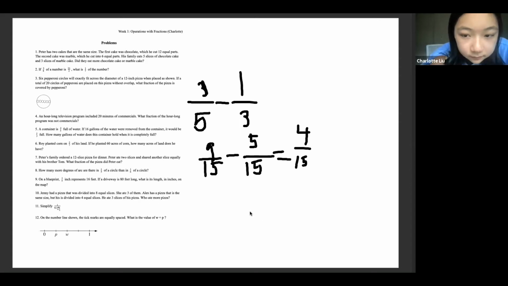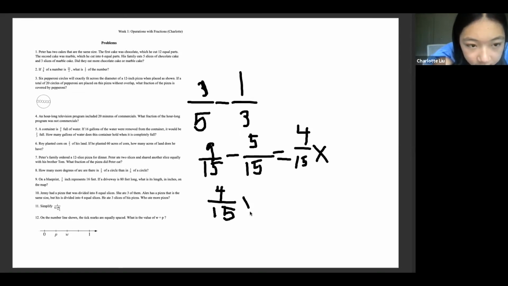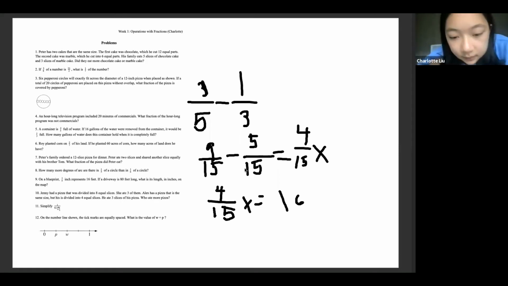So 4/15 x, we'll put x as the amount of water it can hold when it's completely full. So 4/15 x would equal 16. So what you can do is you can first multiply both sides by 15 over 4, which is the reciprocal.